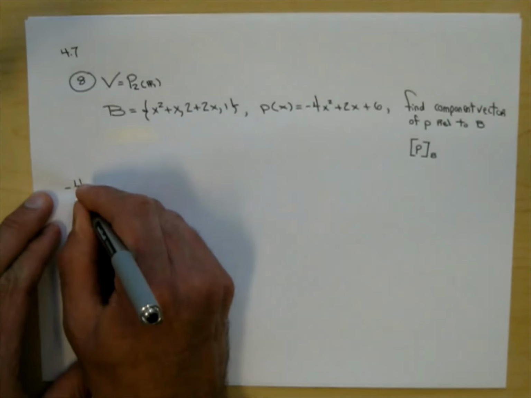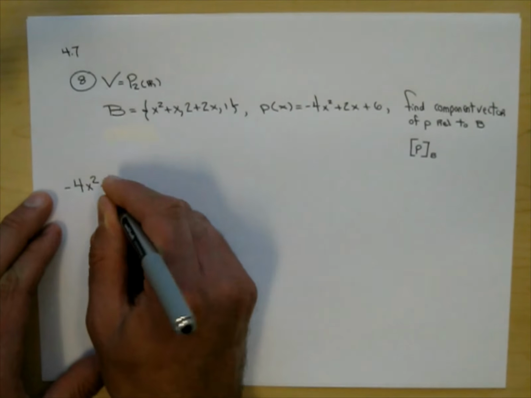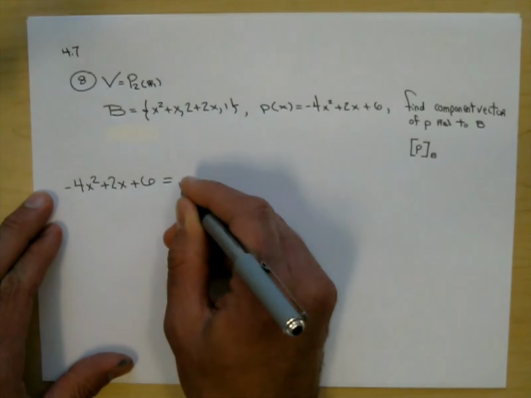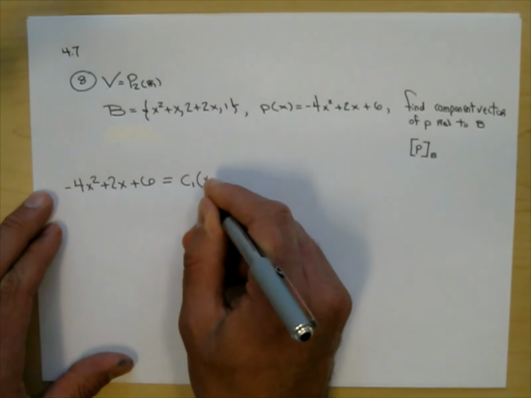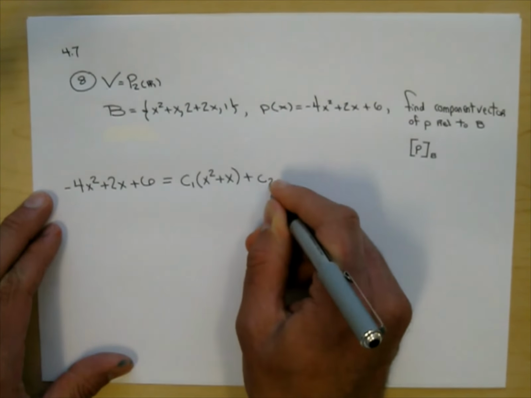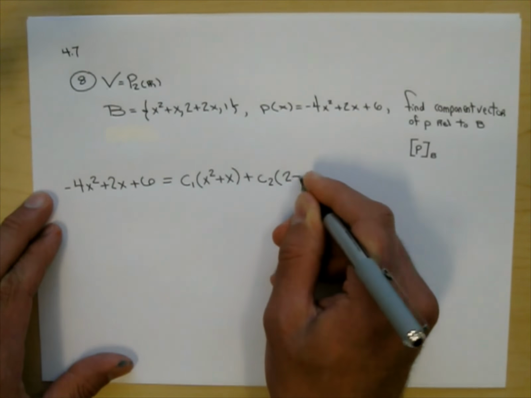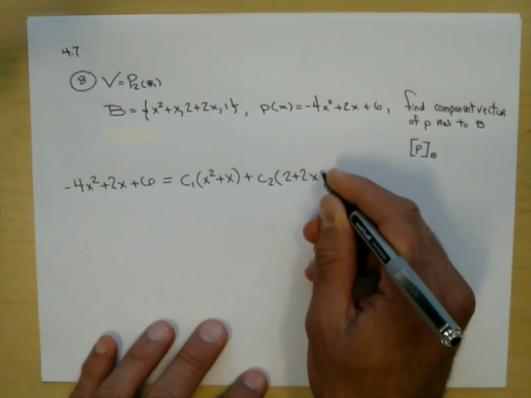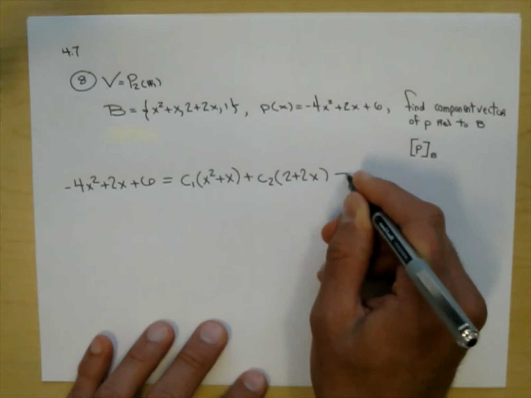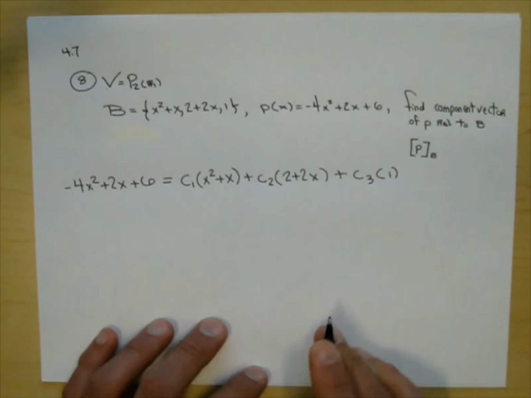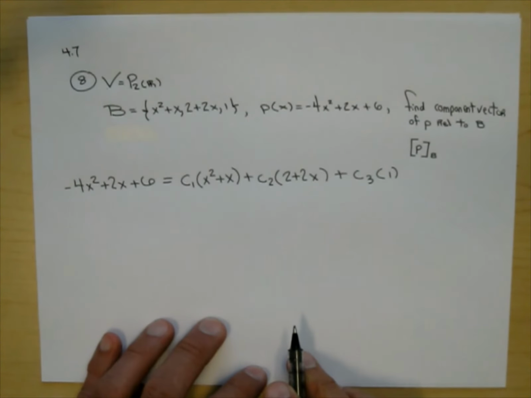So -4x squared plus 2x plus 6 equals C1 times x squared plus x, plus C2 times 2 plus 2x, and then we have C3, we have 1 right there. So that's what we're supposed to do.